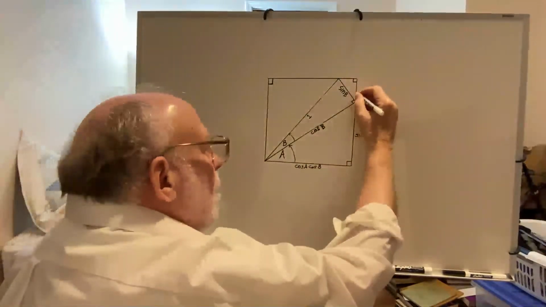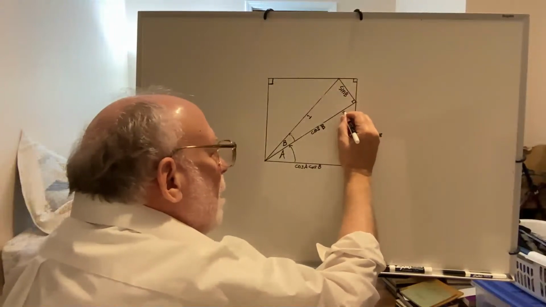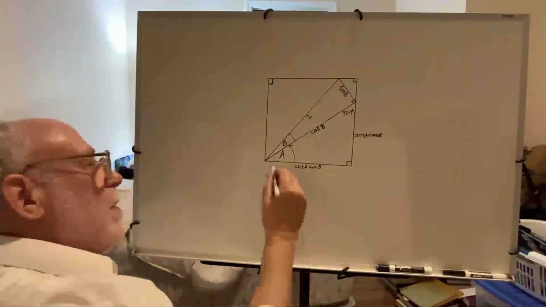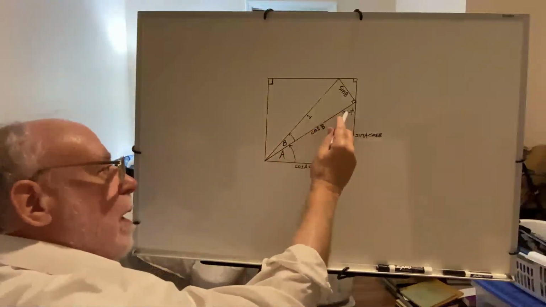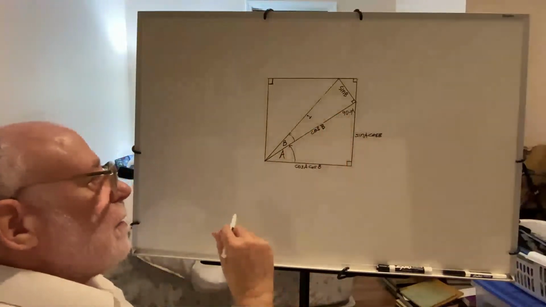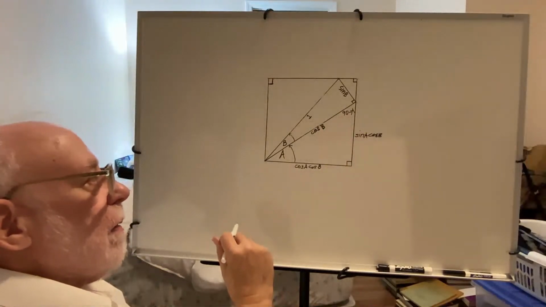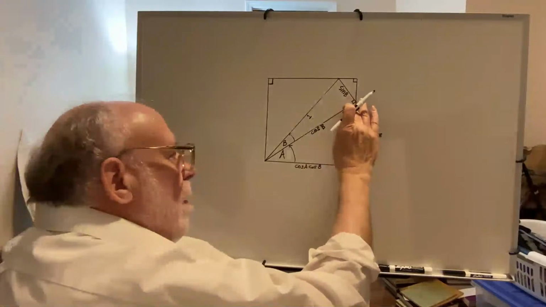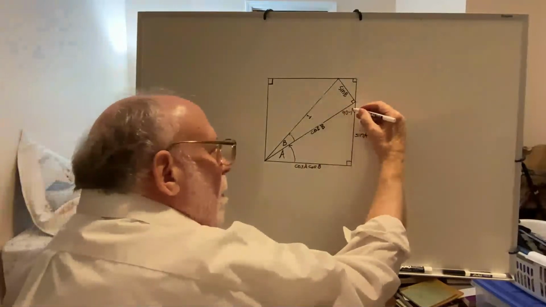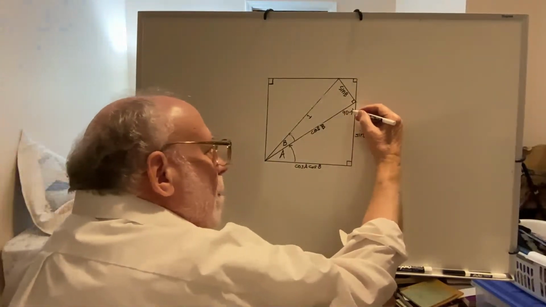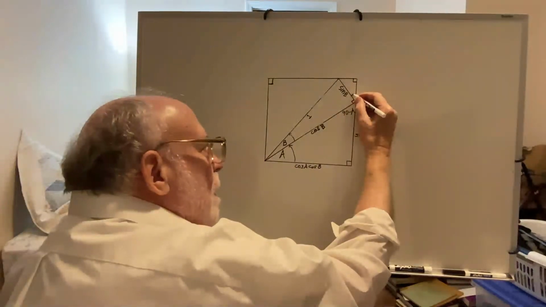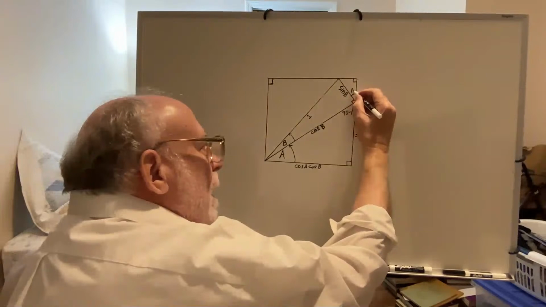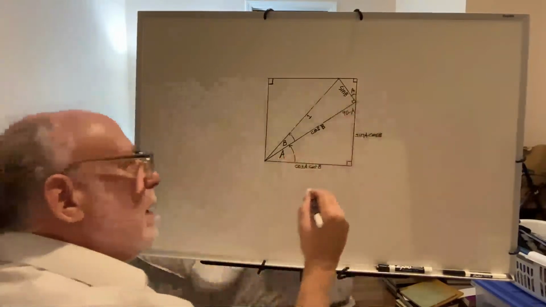Now over here, this angle is 90 minus A, because the acute angles of a right triangle are complementary. Now this angle here has to also be A. Why is that?